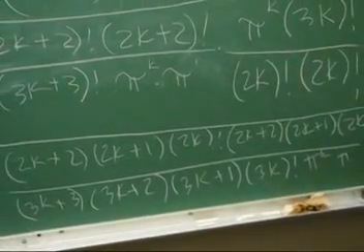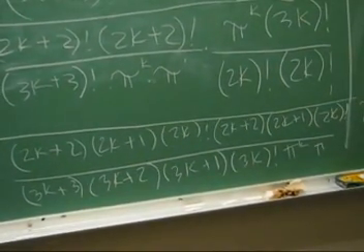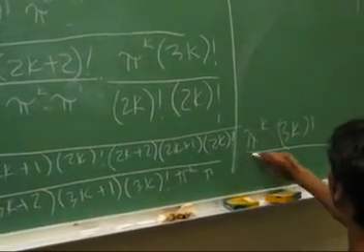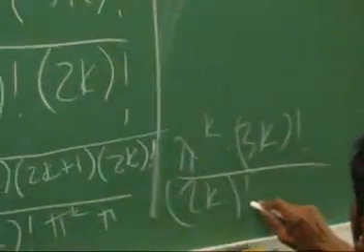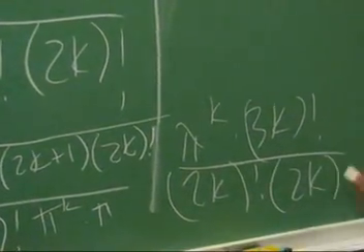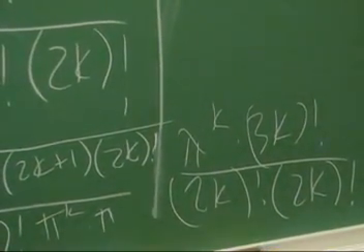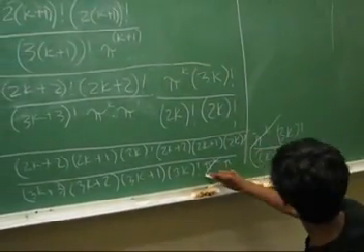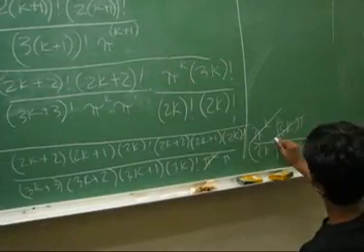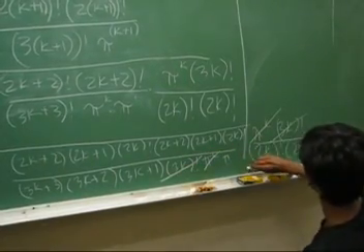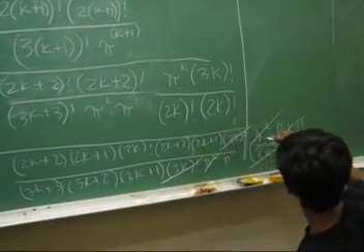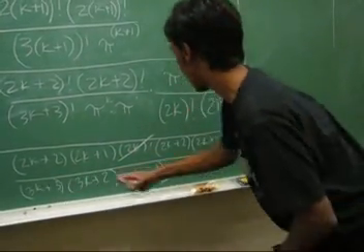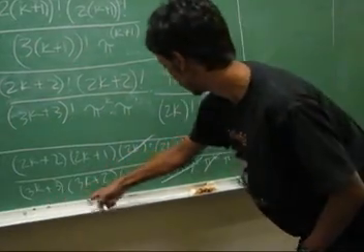Now the reciprocal, 5 to the k times 3k factorial over 2k factorial times 2k factorial. So now we can simplify. This cancels that, that cancels that, that cancels that, that cancels that. So that leaves us with these.